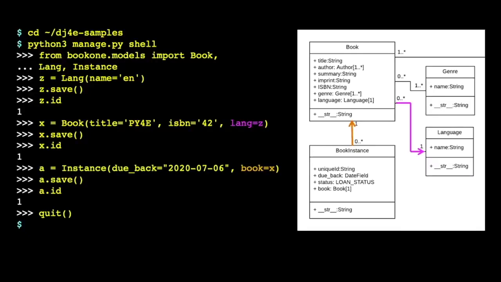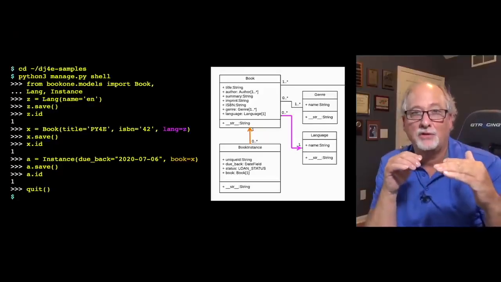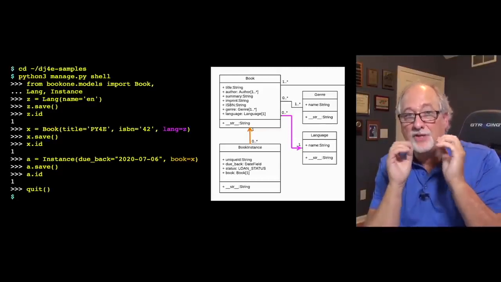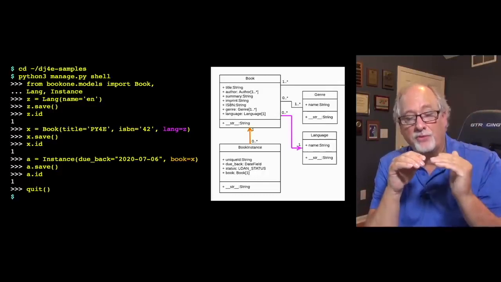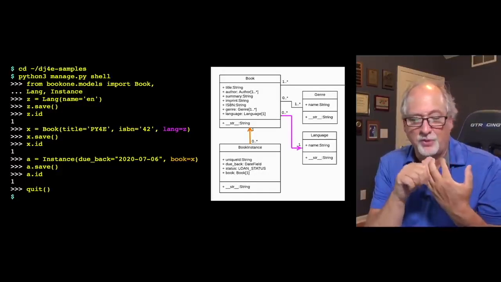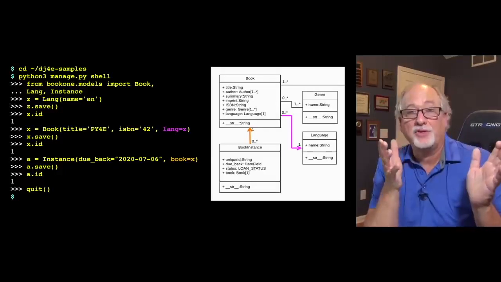It's the same shell, but in the Django shell, what happens is it actually reads the settings.py and finds all the applications in settings.py and preloads the applications and then gives you a shell. So there's a bunch of things that happen that's not just a shell that are done before you're in the shell. And this statement, from book1.models import Book, Lang, Instance, that wouldn't work if you just ran the Python shell by itself.